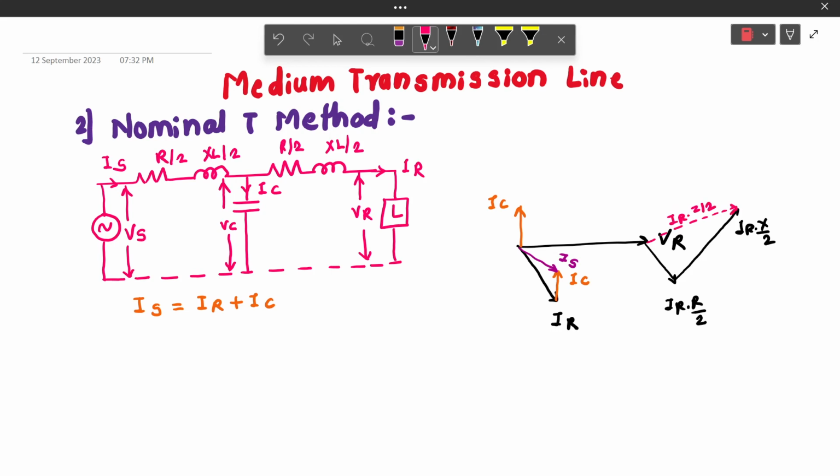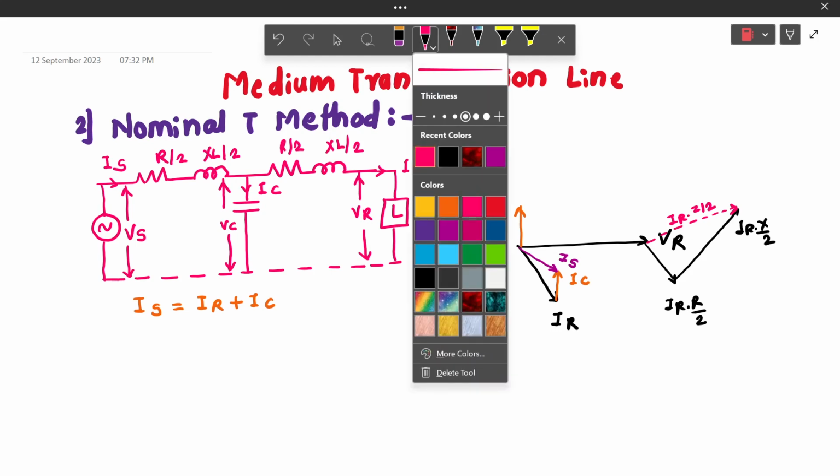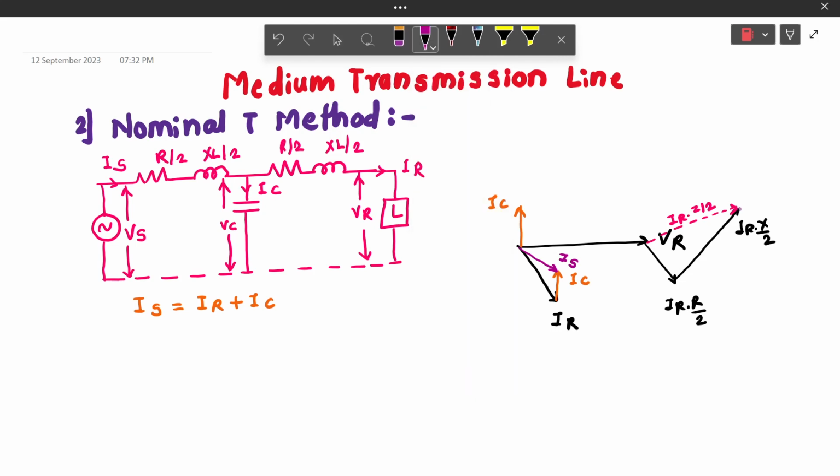Consider the voltage drop at sending end side of the transmission line. This voltage drop is due to resistance and reactance and current Is. Hence, the voltage drop across resistance is drawn parallel to Is line as Is into R by 2. The voltage drop across the reactance is Is into XL by 2, and the resultant is Is Z by 2.